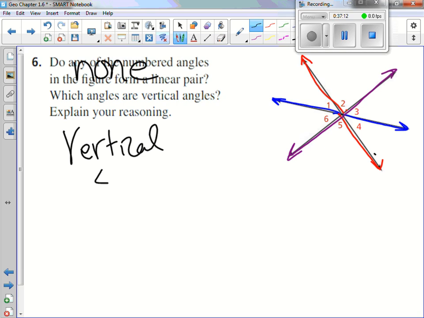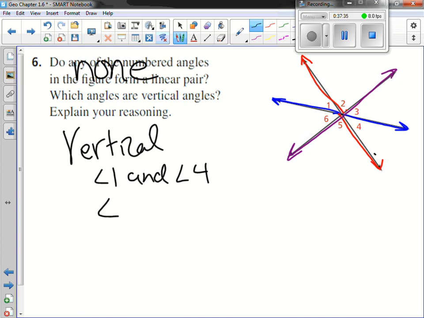So I'm going to start off with angle 1. Angle 1 and angle what are vertical angles? 4, yes. Because their sides form two pairs of opposite rays, yes? Let's name another, because there's two more. What's another set? You have one, Allison?